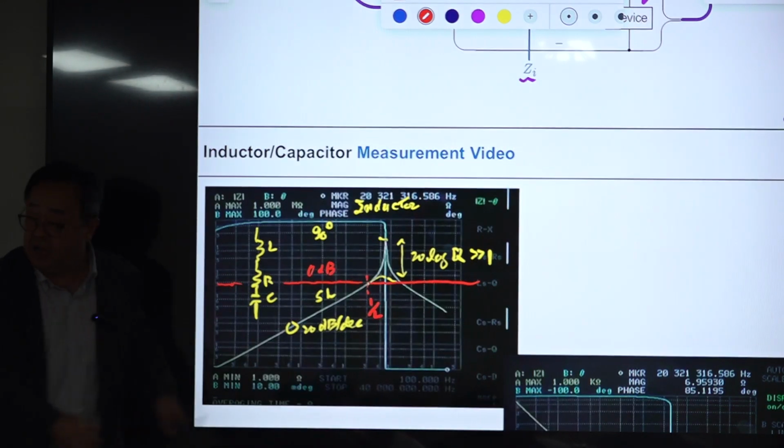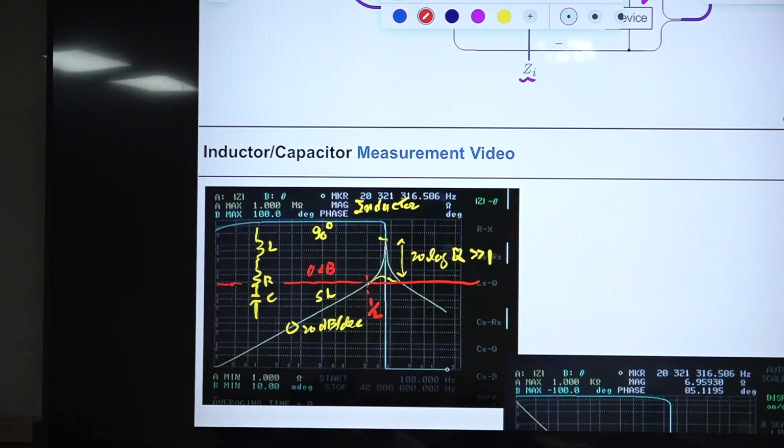This is R. If you check this R, this is the value of your resistance. L is measured here, okay?